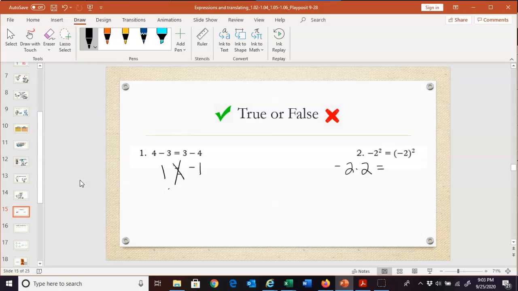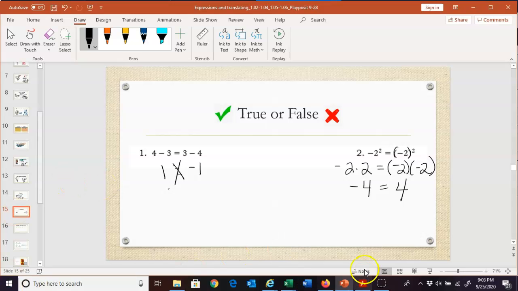Here, the exponent is touching everything on the inside of the parentheses. So everything gets squared. There's a big difference here with the way these are written. When there's no parentheses, it only affects the big 2. So we're going to have negative 4 on the left and a positive 4 on the right.